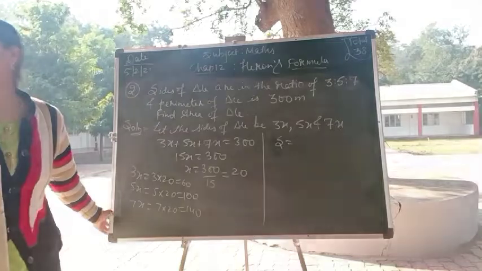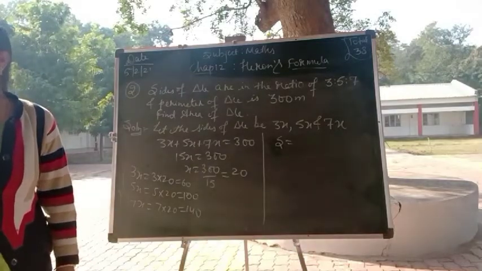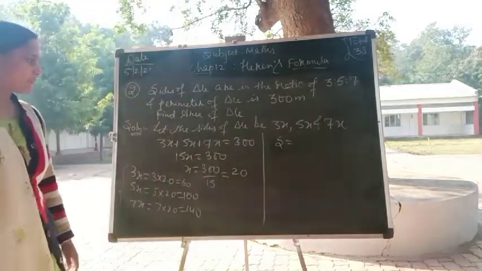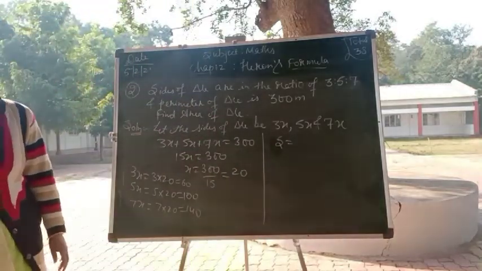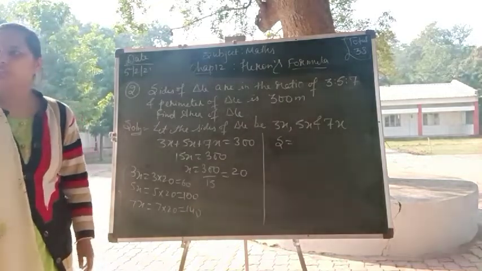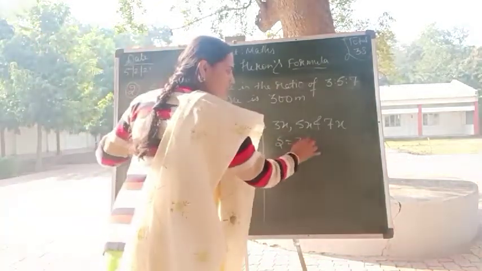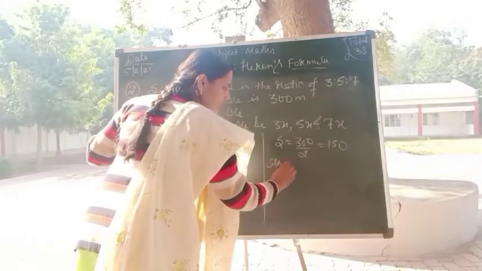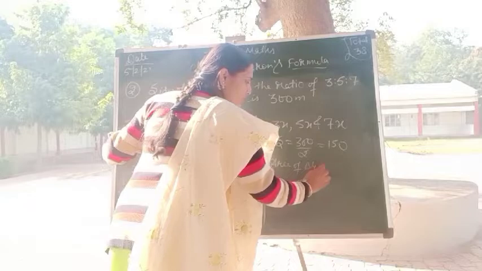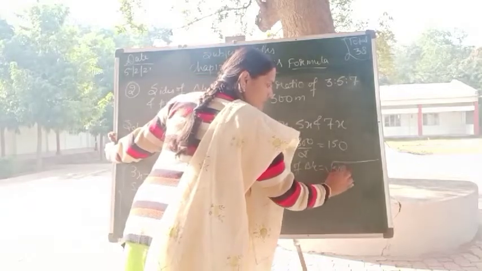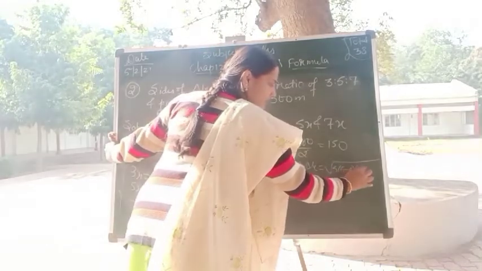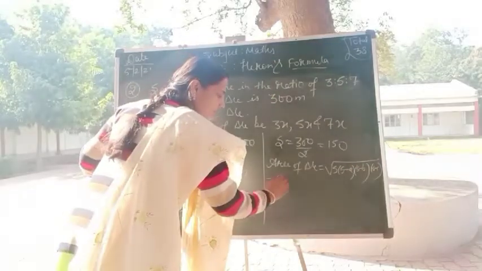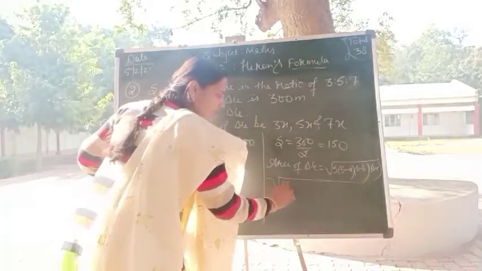Ma'am, perimeter A plus B plus C. Who is there? Sagar. What is semi-perimeter? 150. That is 300 by 2, 150. Okay, Chetan. Area of triangle formula is root of S into S minus A, S minus B, S minus C. So put up, what is S? 150.